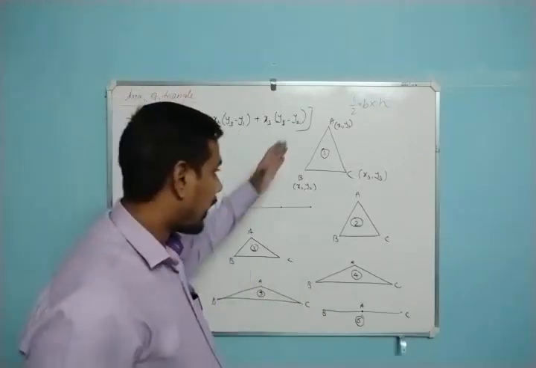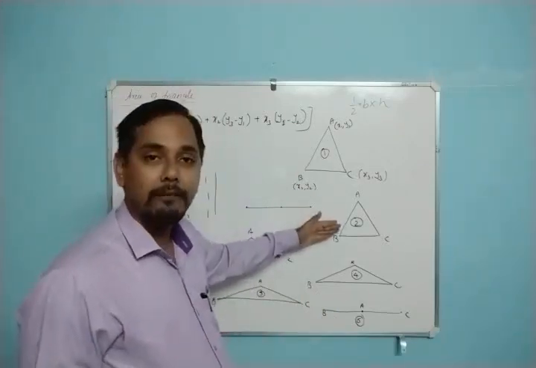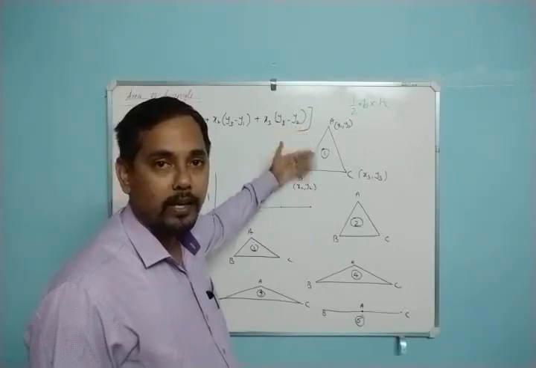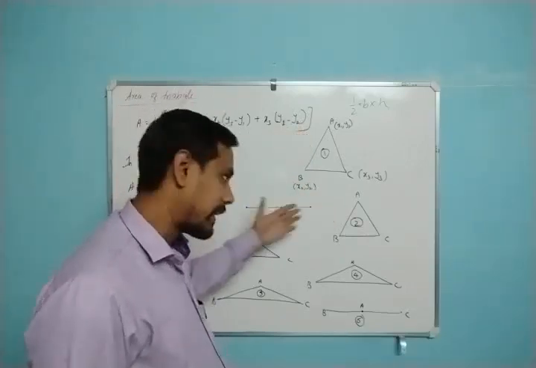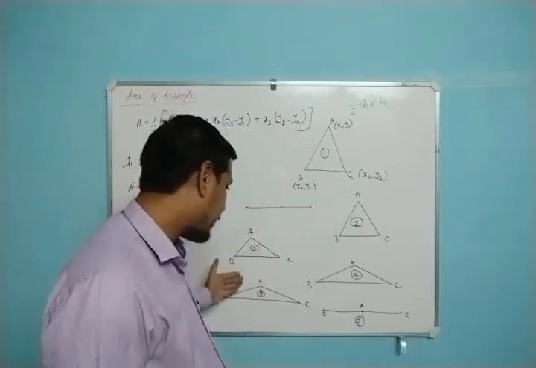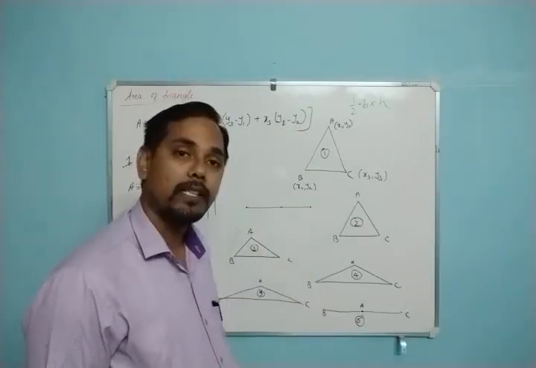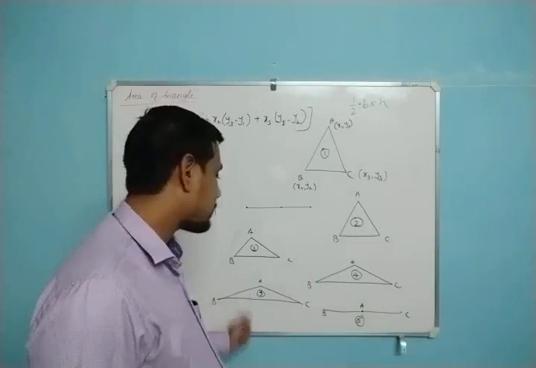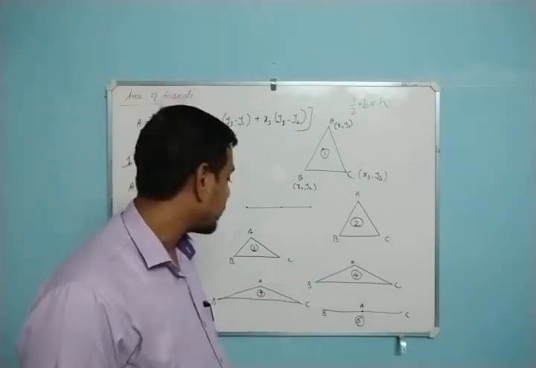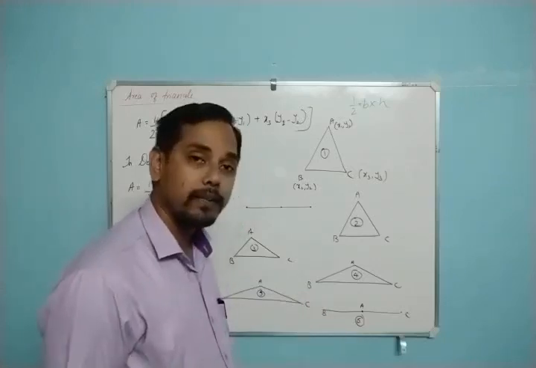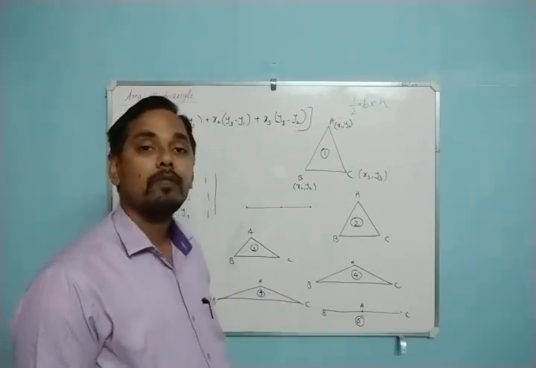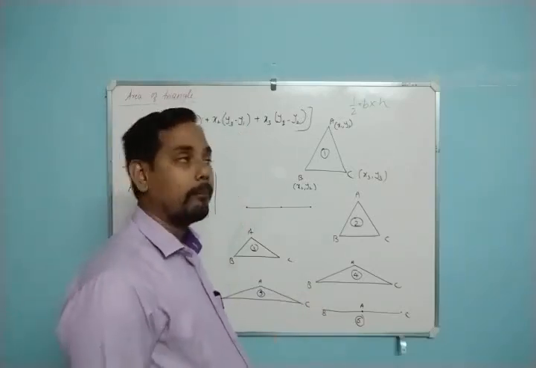So as the first one is bigger than the second one, the first one has more area compared to the second one, and the second is bigger than third, so second has more area, and third is bigger than fourth, so third has more area, and fourth is bigger than fifth, so fourth has more area, and fifth is bigger than sixth, so fifth one has bigger area.